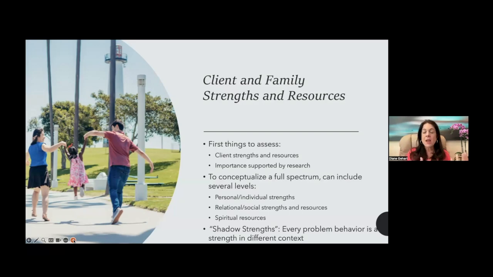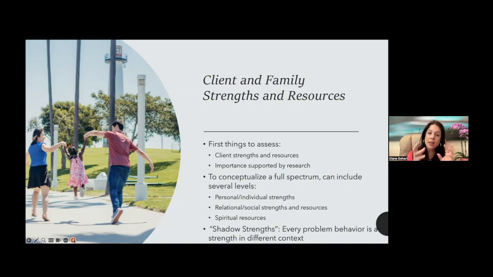So every problem in one context is a strength in another, and that really becomes important when you start looking at interventions and how to address the client situation. So I always find this a great place to start. And you can do this early in treatment, and I do it often, especially when I do a lot of work with adolescents and families, asking what their hobbies are, what they're interested in.